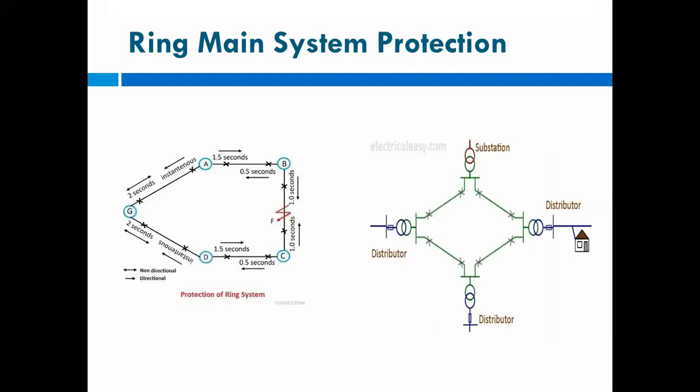Now the ring main system. In the radial system there is a single generating station, right? But some modifications were done, and which one came?